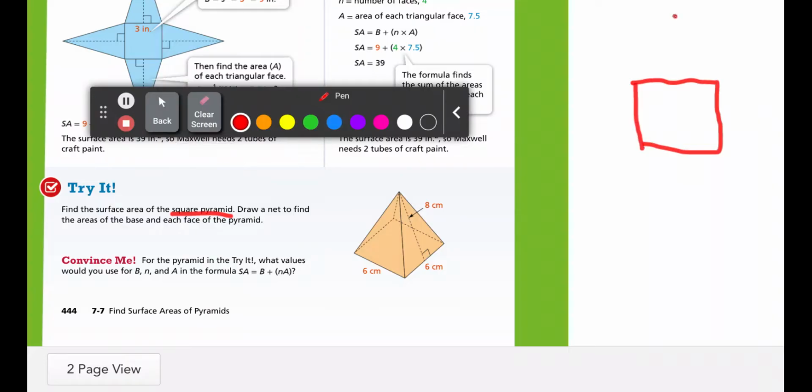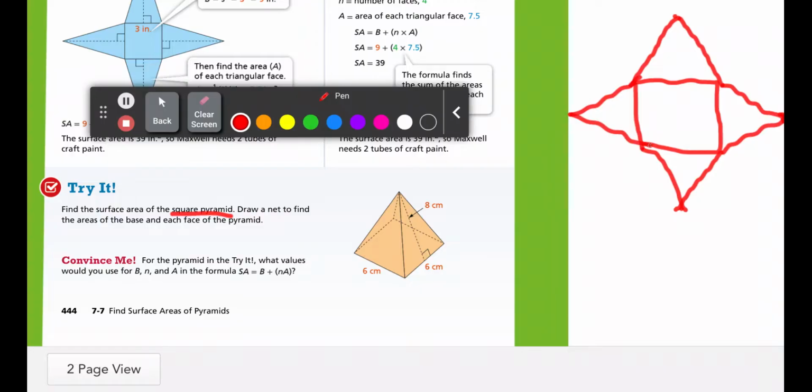And then you're going to have a triangle coming up from each of those edges. I just like to make a dot in the middle there, that way I have almost centered triangles. So here I have my net of my square-based pyramid.